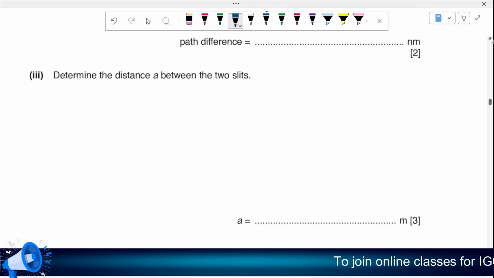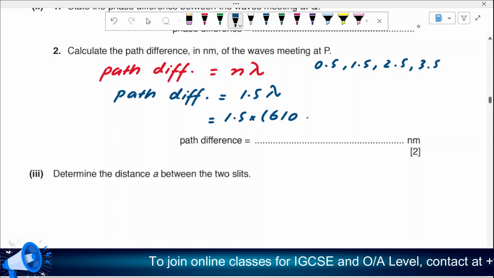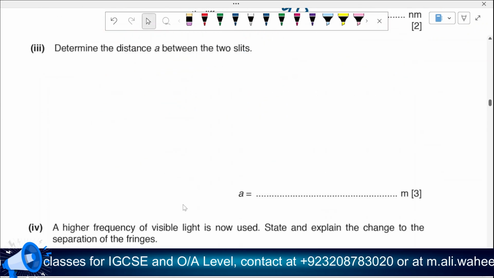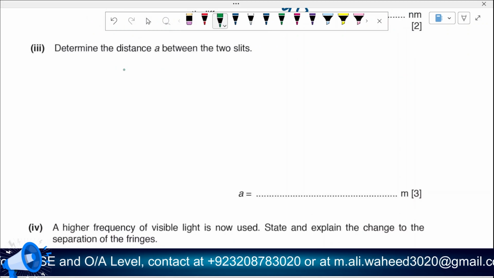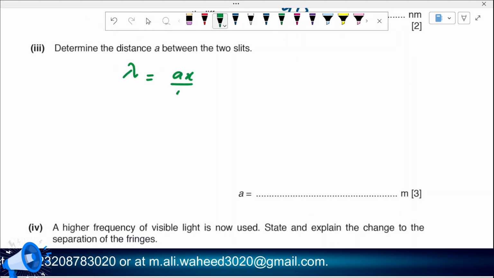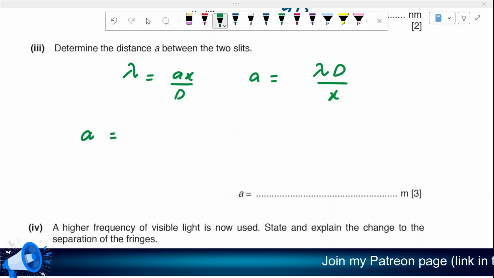610, okay, 610. We need to determine the value of x. So for this one, I'm going to write down the formula straight away. Lambda equals to ax over d. I can rearrange a equals to lambda times d divided by x.